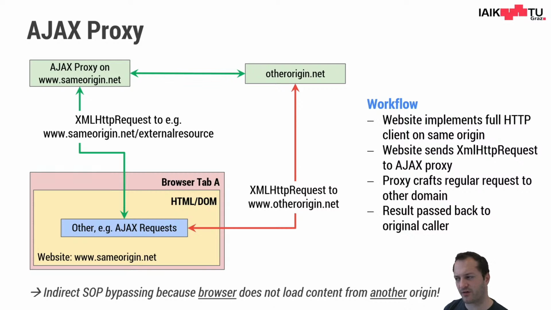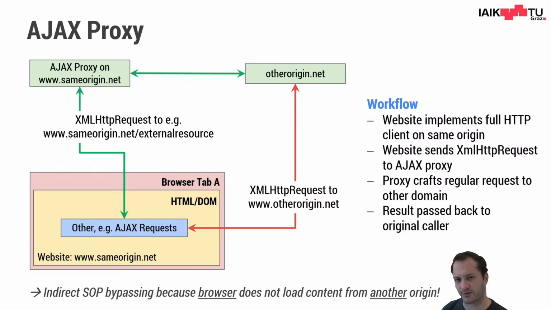The XHR proxy is something that runs on the server. It's usually a PHP script or so, and if you think of a regular browser tab that's loading a website and you want to send something to an external origin, like you want to refresh a live ticker that's on another origin, your browser could just not send this XHR request to this other origin because of the same origin policy.